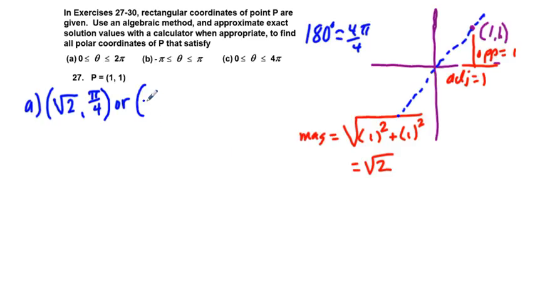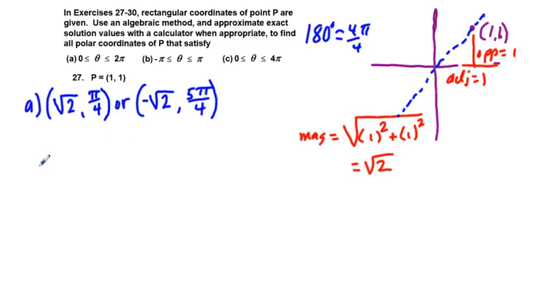So we could take negative square root of 2, comma, and we can just add 4 pi over 4 to pi over 4 and get 5 pi over 4. And so really, that's all we have. That would be for part A.